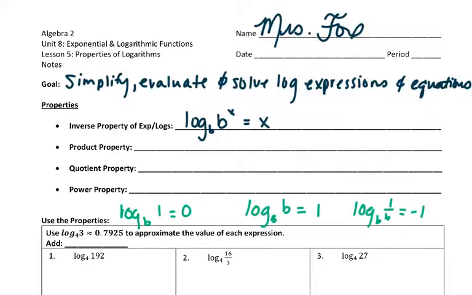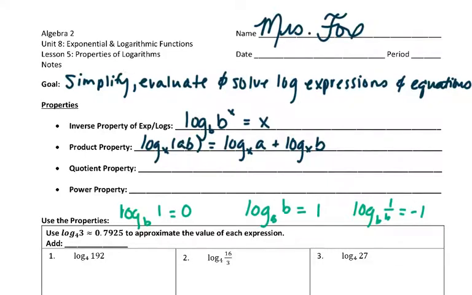All right, back up to our properties. I'm getting a little sidetracked here. The product property: if you have log base x of a times b, this is going to be log base x of a plus log base x of b.